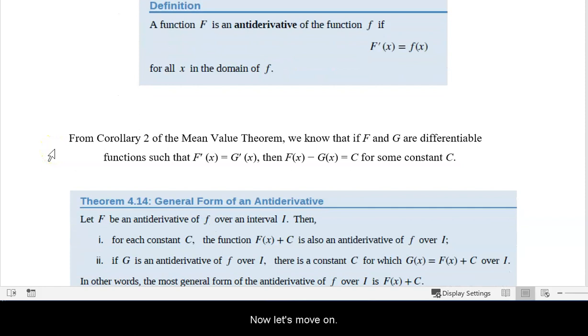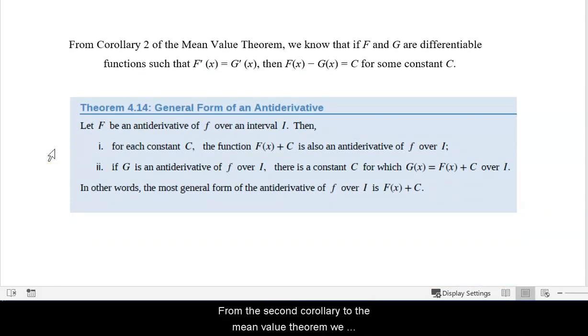Now let's move on. From the second corollary to the mean value theorem, we know that two functions f and g, where their functions have equal derivatives, have to either be the same function or only be different by a constant. The reason is when you take the derivative of any constant it is 0, and so it disappears.